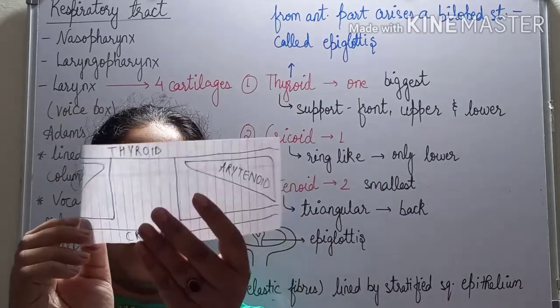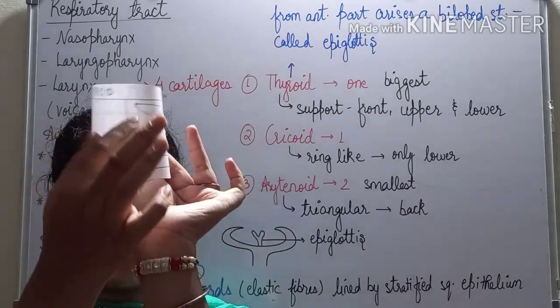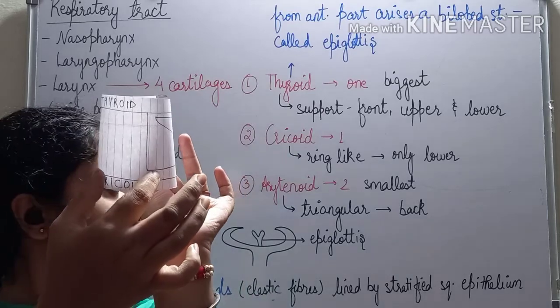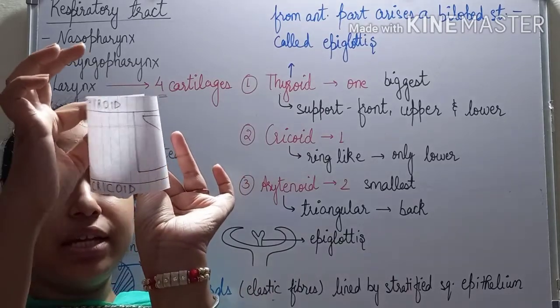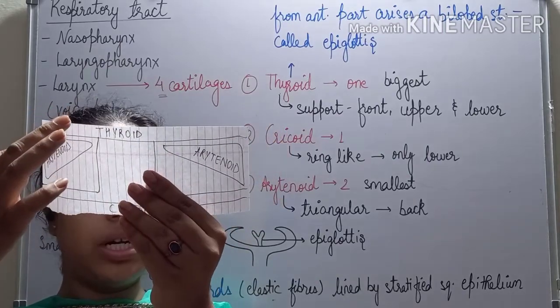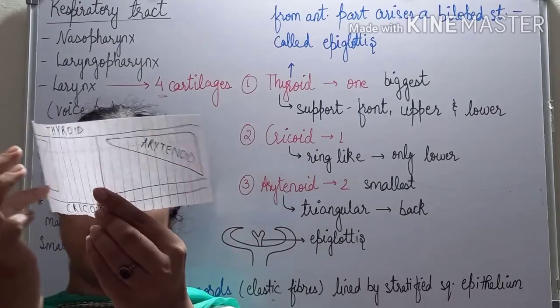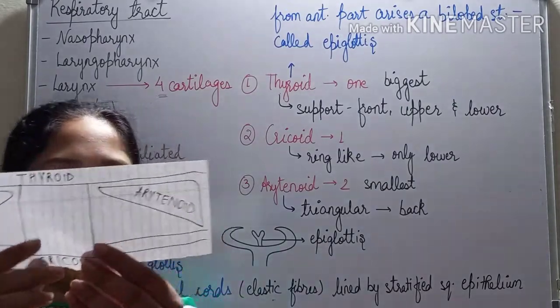This is the front, and when we fold it, this is the front in which thyroid cartilage is present. Then the upper side is entirely thyroid cartilage, as well as the lower side.